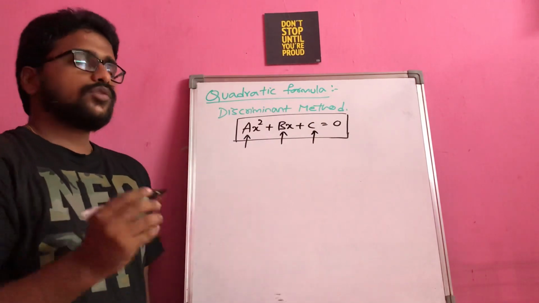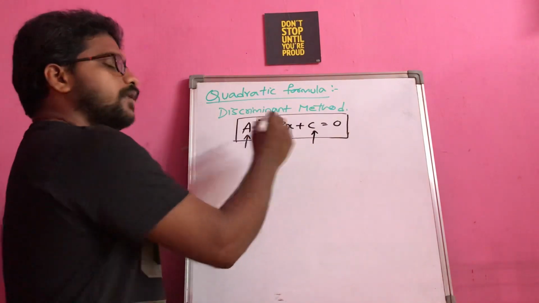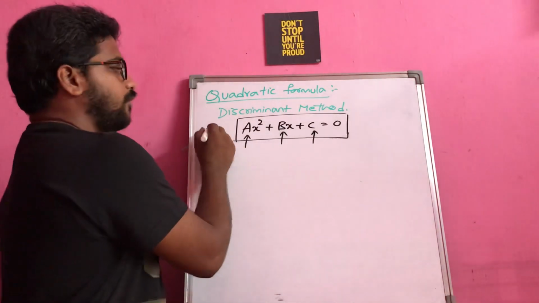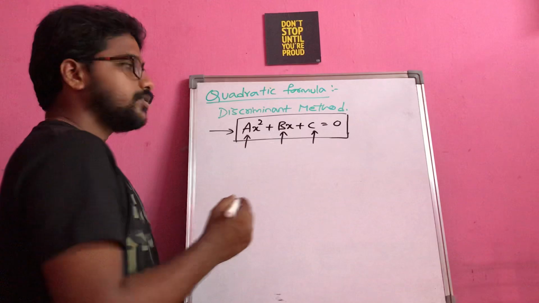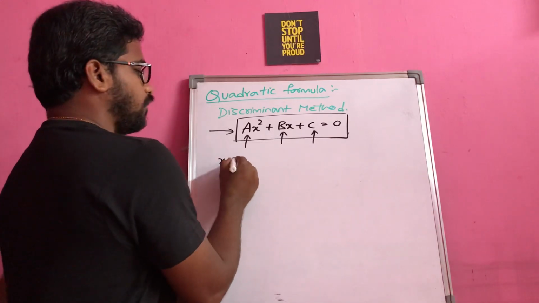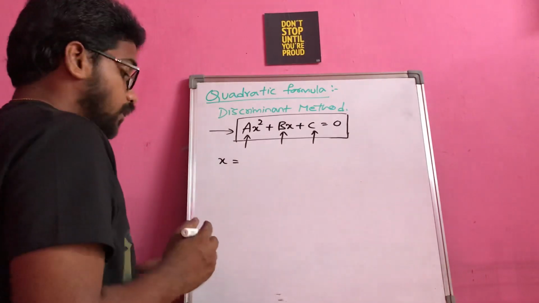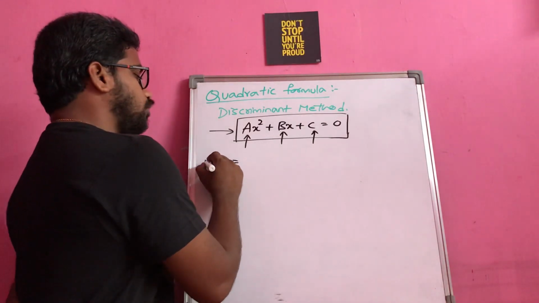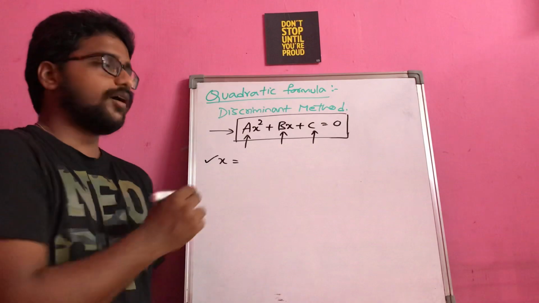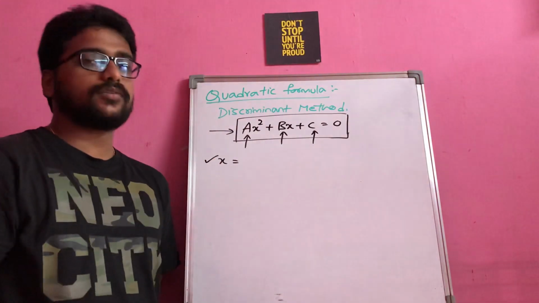The variable in this equation is x, so after simplification, whatever you get will be the values of x, the solutions of the equation.